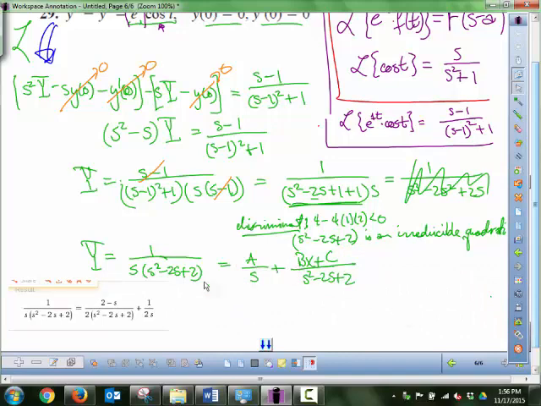So it looks like B is going to be -1, C is going to be 2, and A is going to be 1/2.